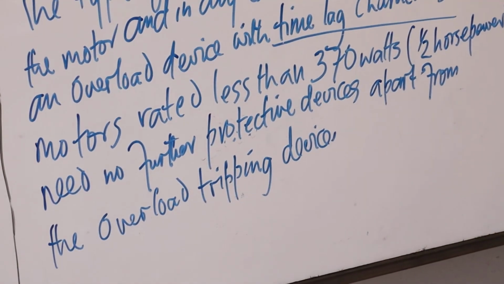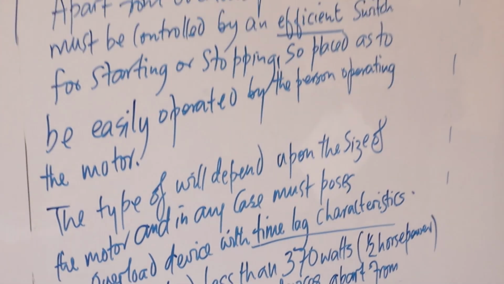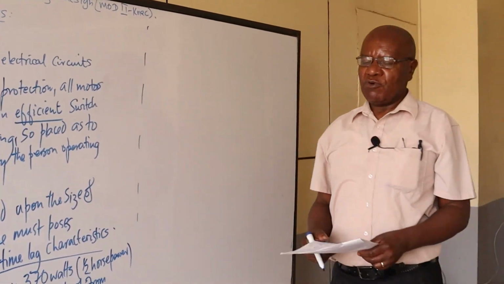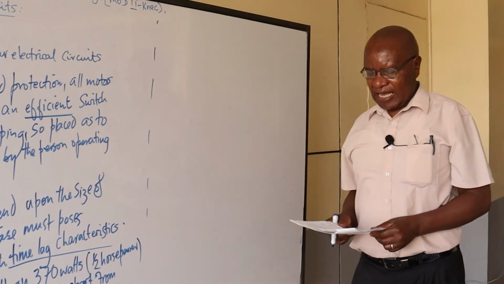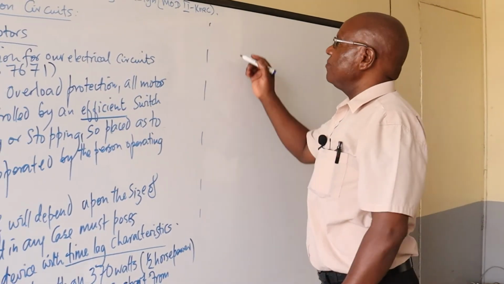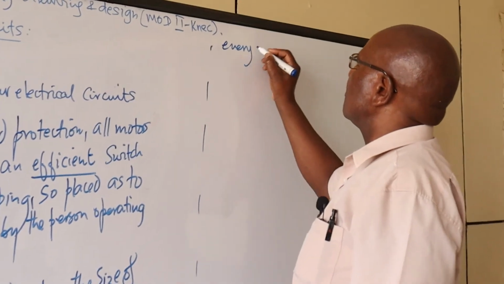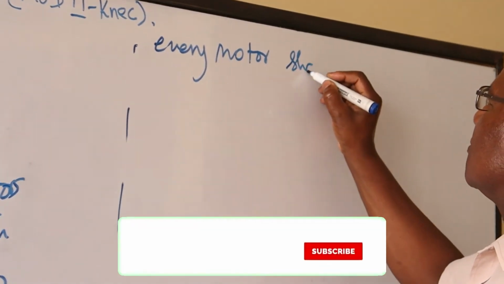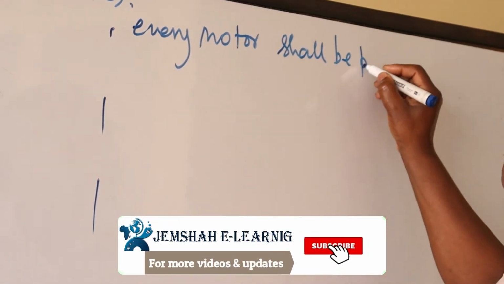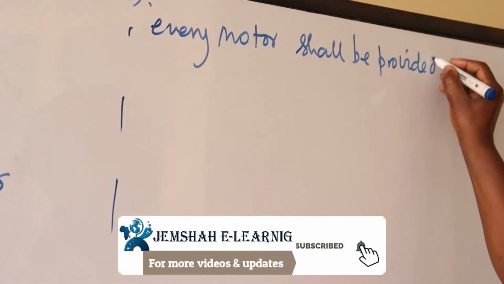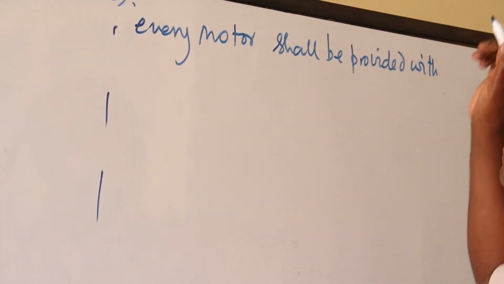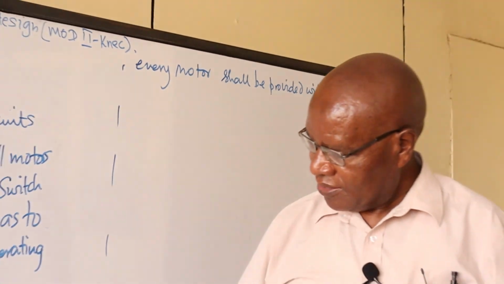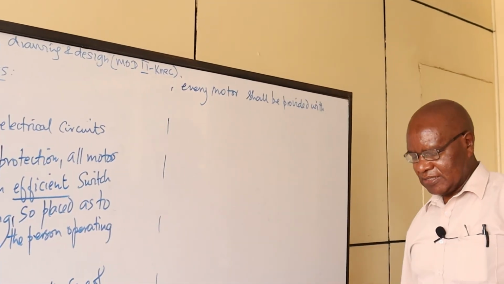So now in our circuit connections, we are going to deal with more of these IE recommendations for the motor connections circuits, which means every motor shall be provided with, of course, this one here is excluding the one rated less than 370 watts.